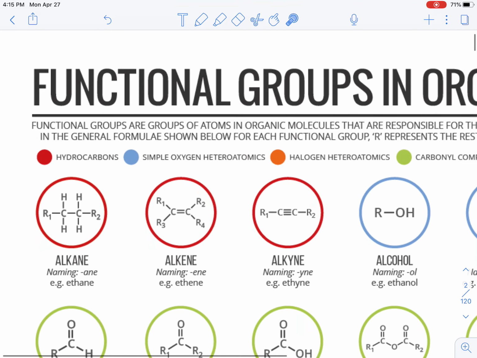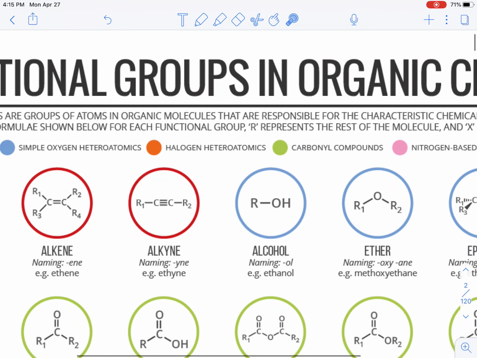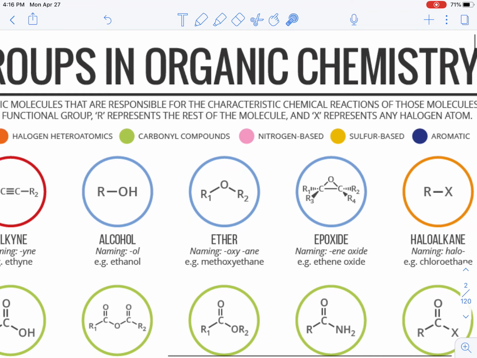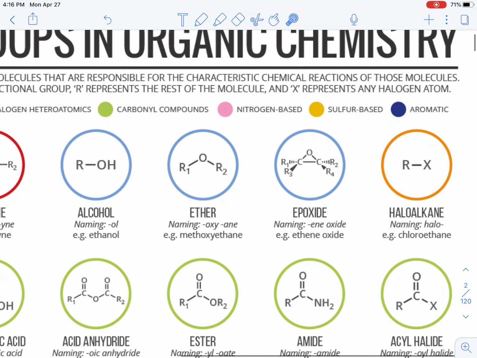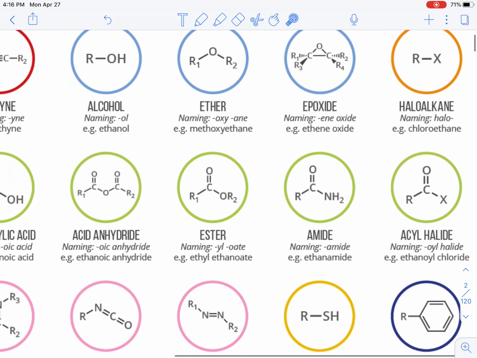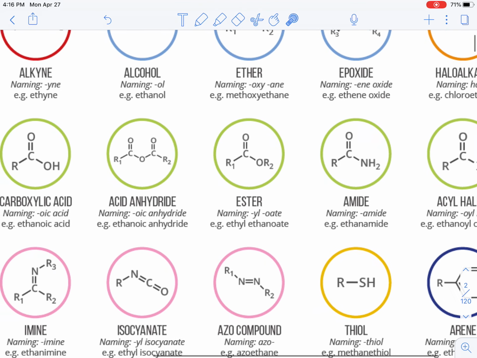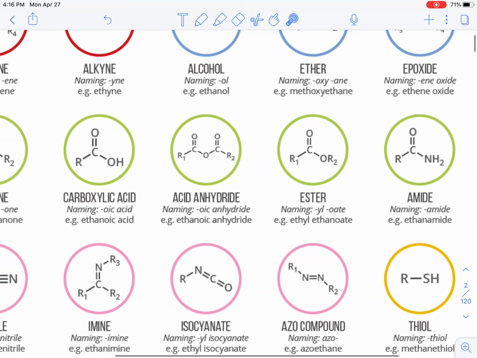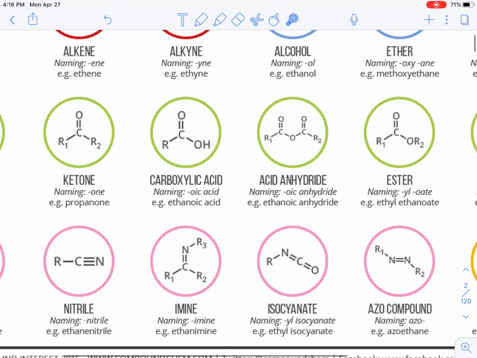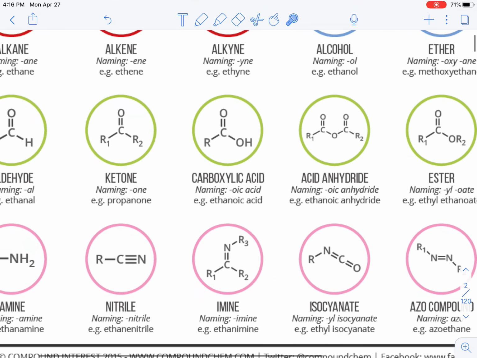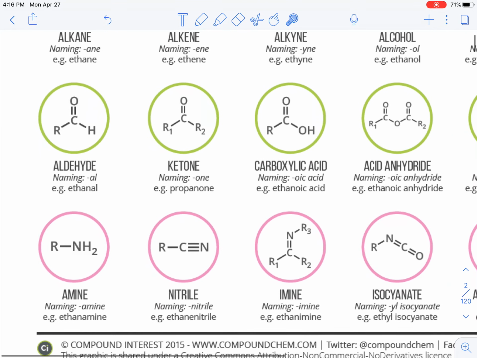I'm going to scroll through this list of functional groups that you see on this slide. As I'm scrolling, I want you to observe the different types of elements and the different ways they're arranged in the compound.